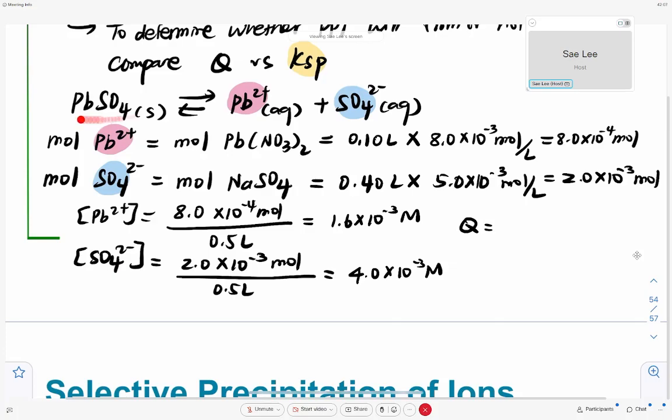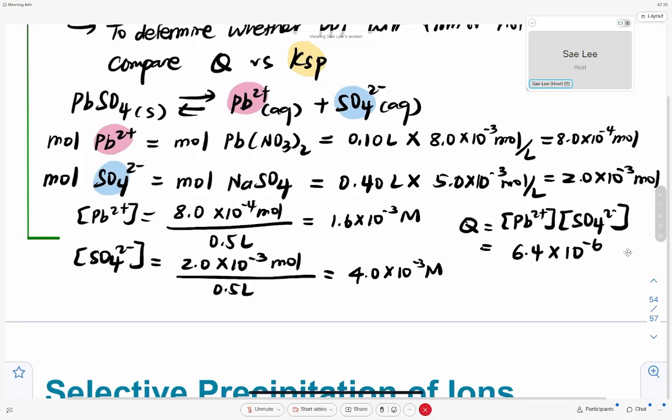You don't divide by the concentration of lead sulfate because it's solid, okay? Multiply these two values and you get 6.4 times 10 to the negative 6.